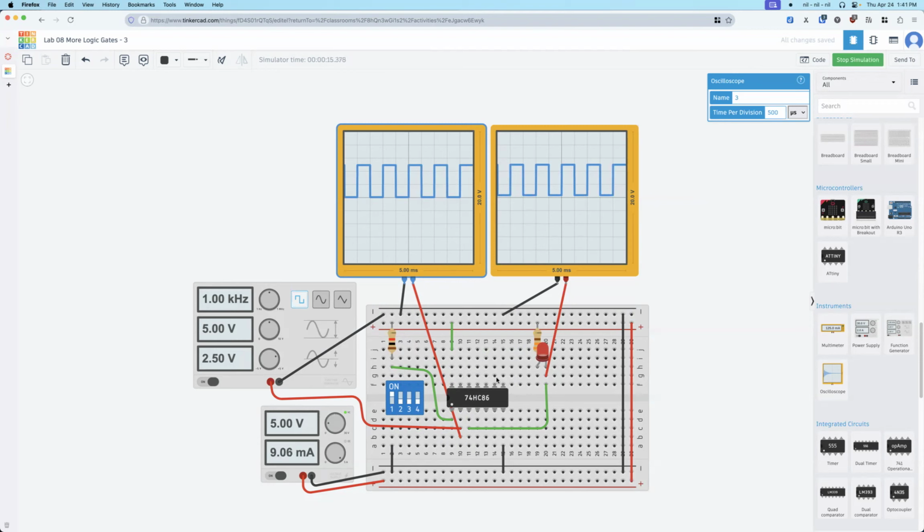This is the XOR gate, so 86. So XOR gate, if you remember, if the inputs are the same, the output is just 0. If the inputs are different, the output is 1. So this is the XOR gate.